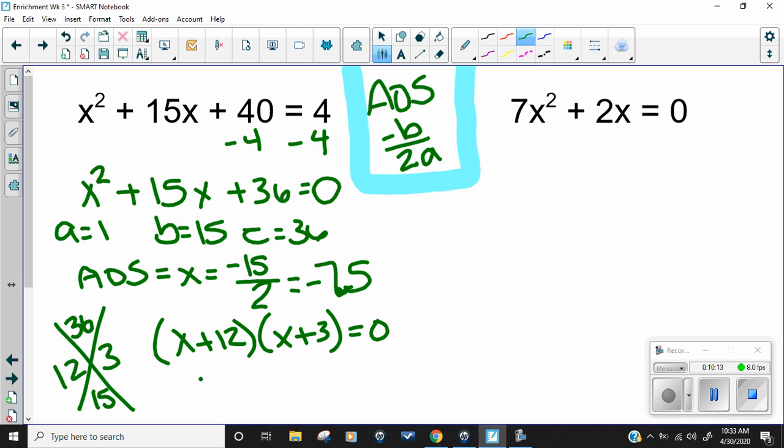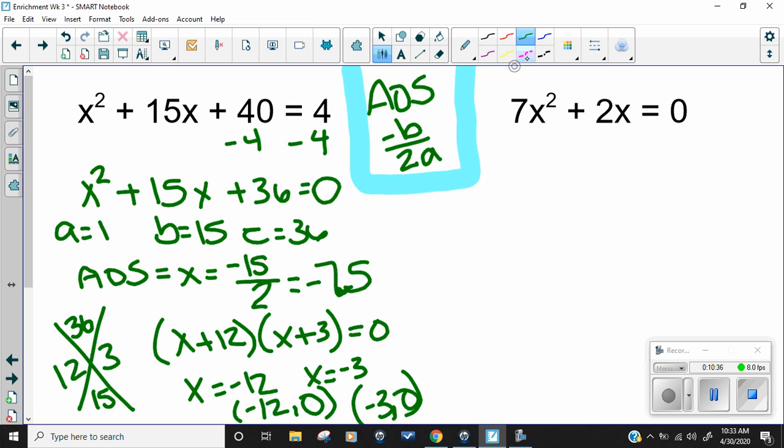Now my x values are x equals negative 12, x equals negative 3. Those are the x-intercepts. So if I wanted a point, the point is x is negative 12, y is 0, because we put 0 in for y in this equation. And this point is x is negative 3, y is 0.